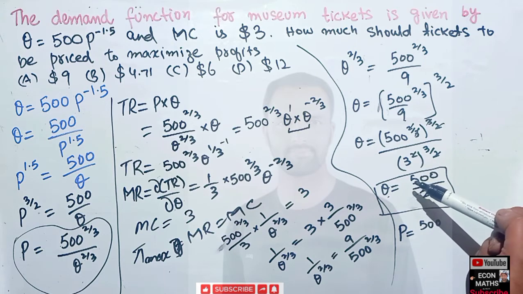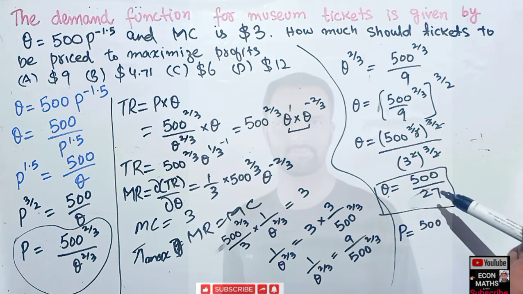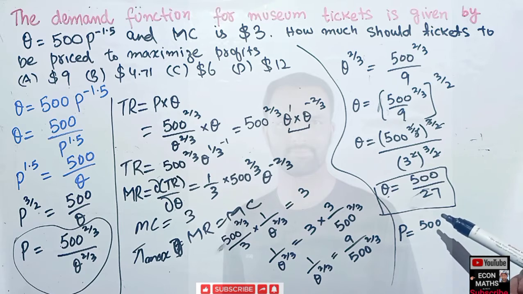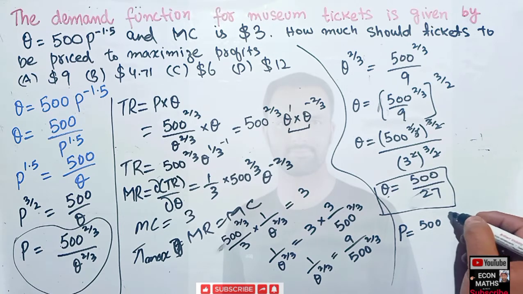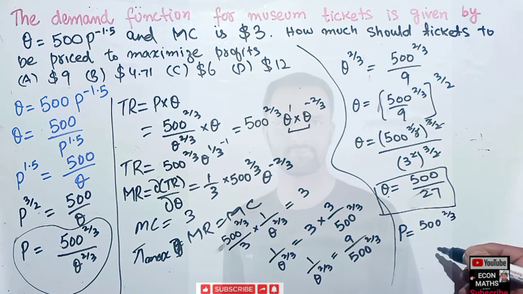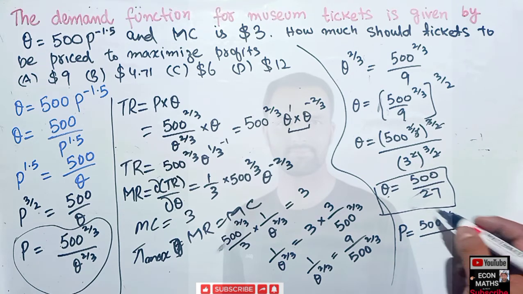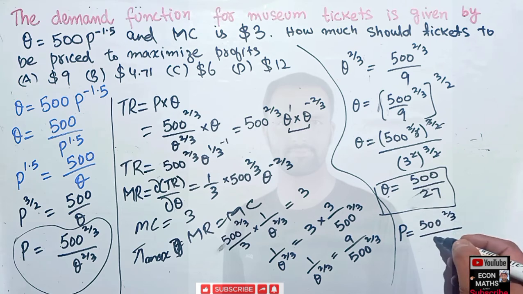Q is equal to this. So price will be equal to 500 to the power 2 upon 3, divided by the value of q, which is 500 upon 27, to the power 2 upon 3.